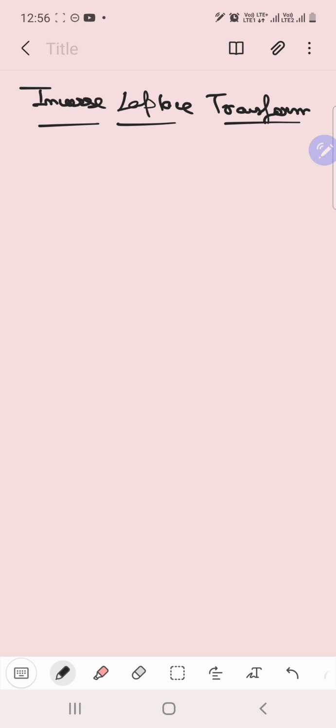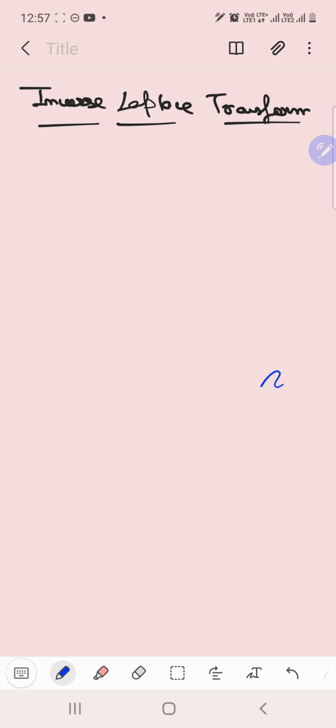In this particular lecture we are going to talk about inverse Laplace transform. Once you have understood Laplace transform, understanding inverse Laplace transform is quite easy.